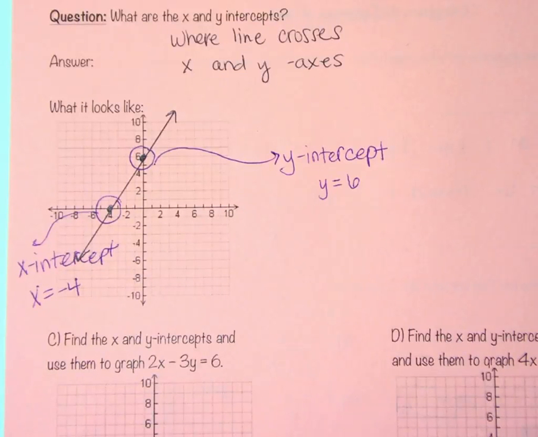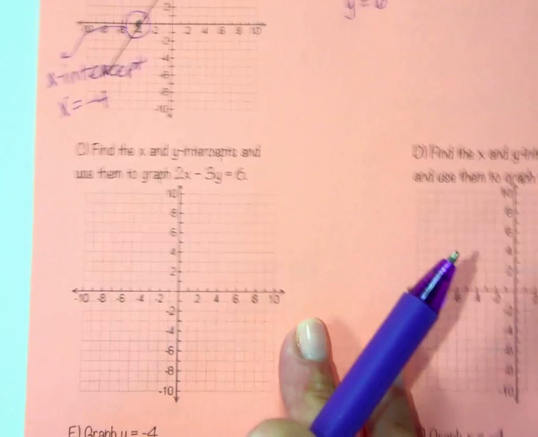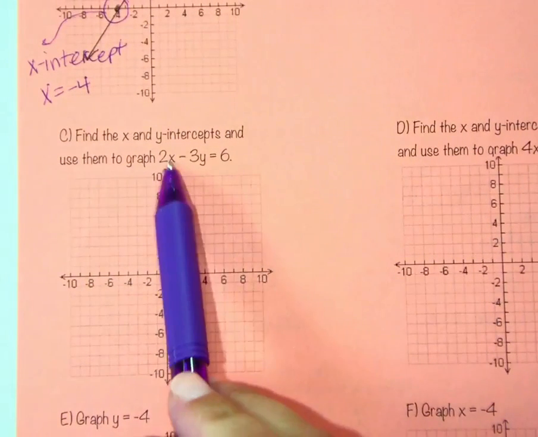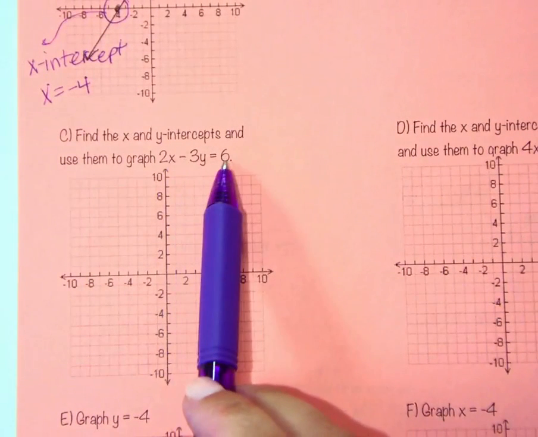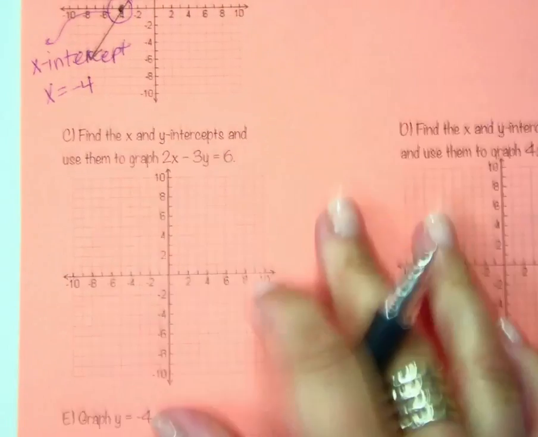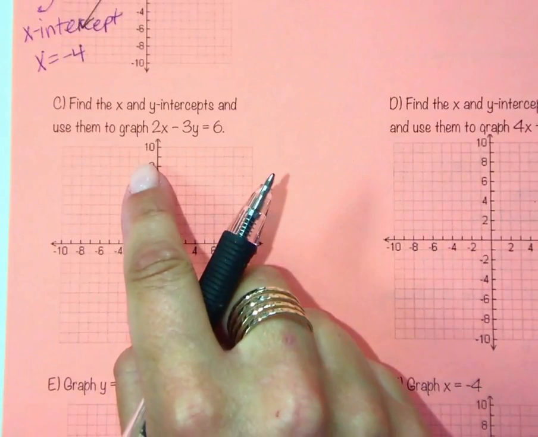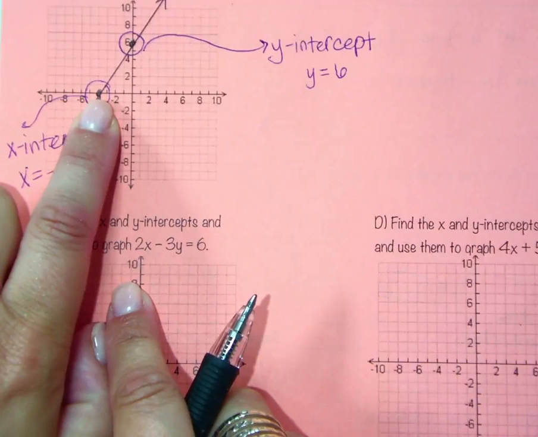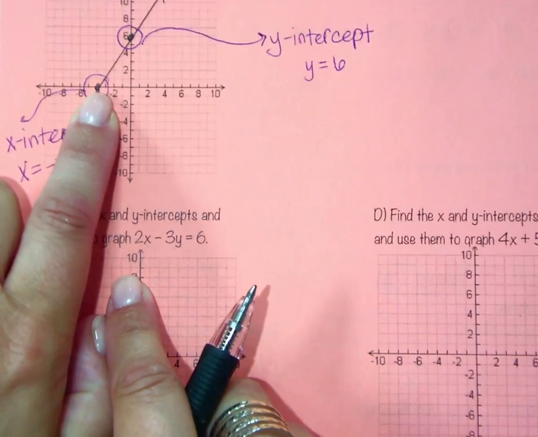We're going to use that idea in order to actually find x and y intercepts given an equation. Okay, notice that this is in standard form. When we go to find, let's say, the x-intercept, so again, the x-intercept has a y value of 0.